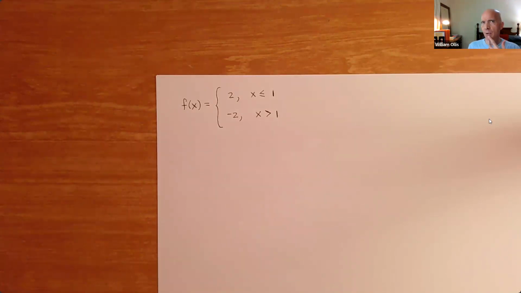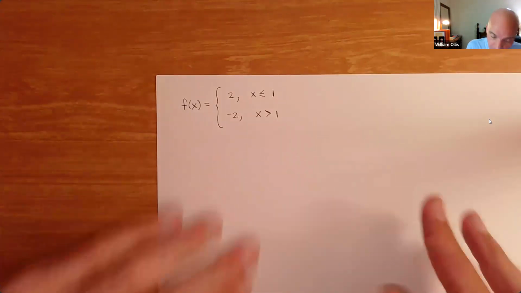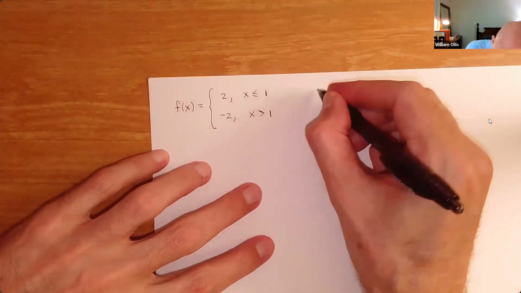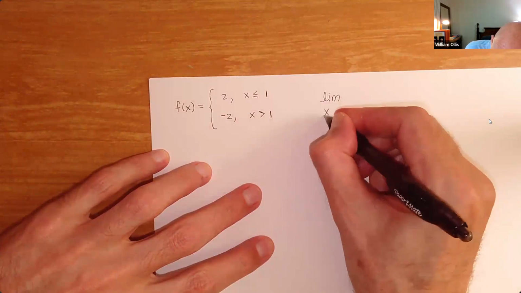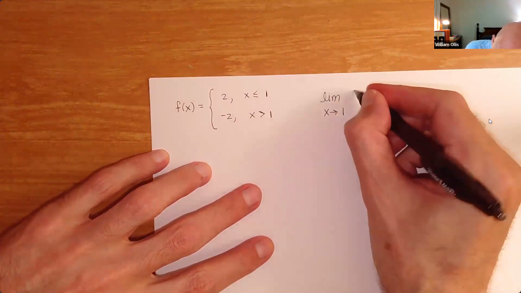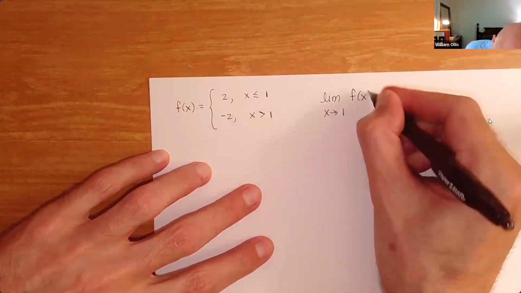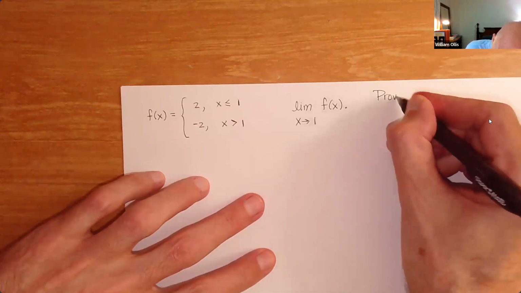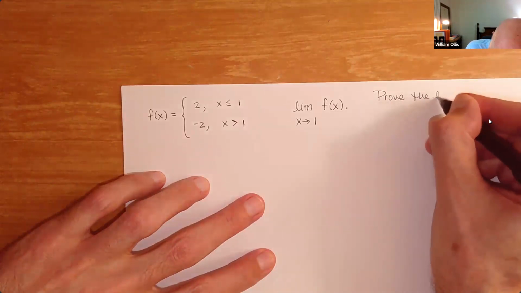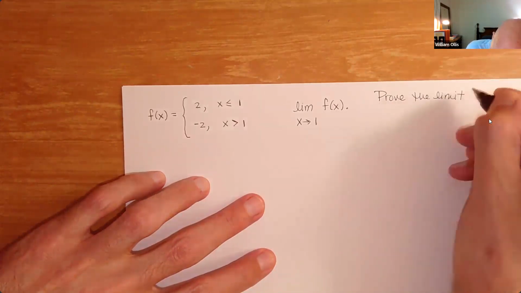And you're thinking, okay, let me see, this is going to work. Okay, so we'll just say this: limit as x approaches 1 of f of x. We'll say prove the limit does not exist.